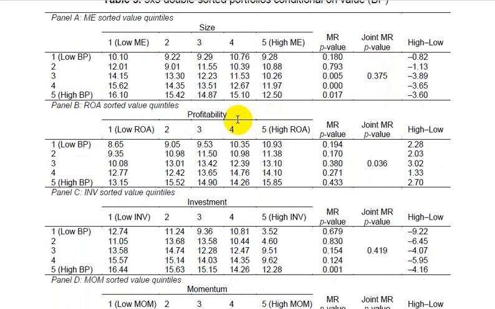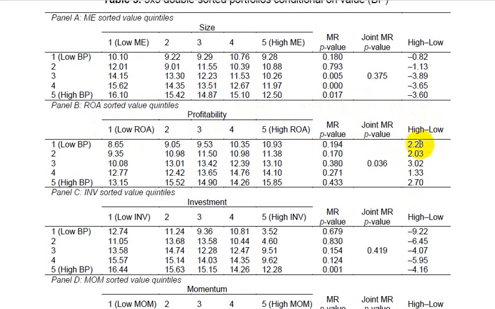From a profitability standpoint, prior research says that more profitable companies, measured by return on assets, typically outperform lower profitability companies. In this case we see that's the case when we're looking at a zero cost portfolio, the highest profitability minus the lowest profitability.